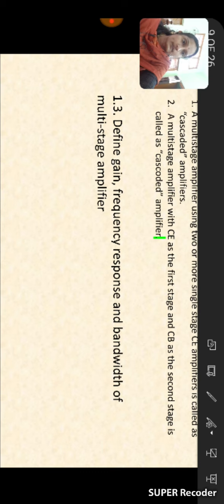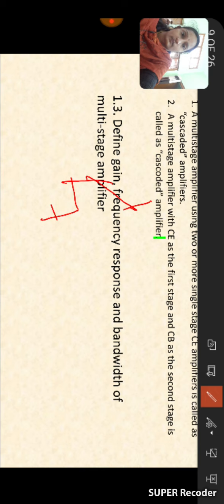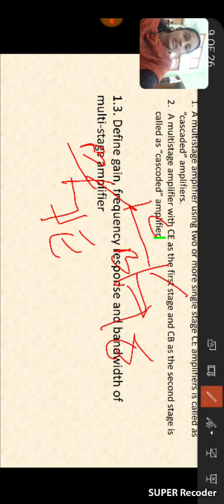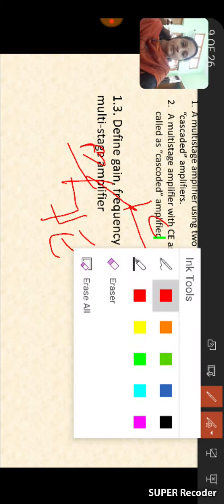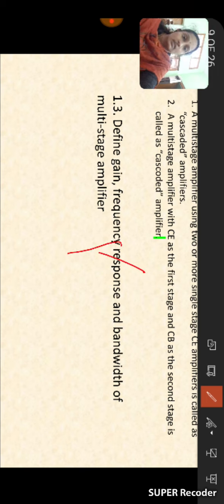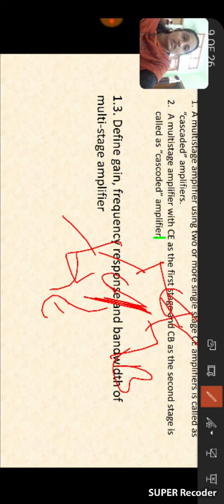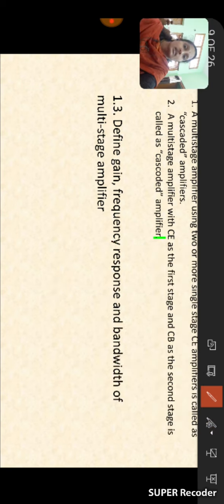See here, if all are common emitter, then that is cascaded. In the other one, CE is connected to CB, common base. It is base, it is emitter. Here the collector is connected to the emitter. So this connection is called the cascode connection.